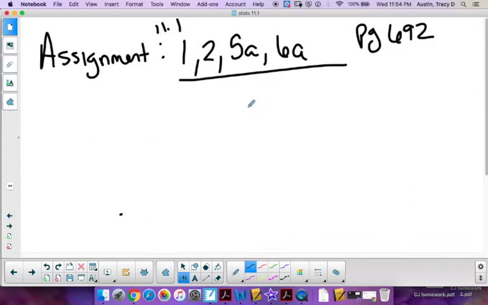The rest of it is literally make your hypotheses. So this is pretty much hypotheses and expected counts, and this is pretty much conditions. It's actually the same problem, because I think 1 and 5 go together and 2 and 6 go together.